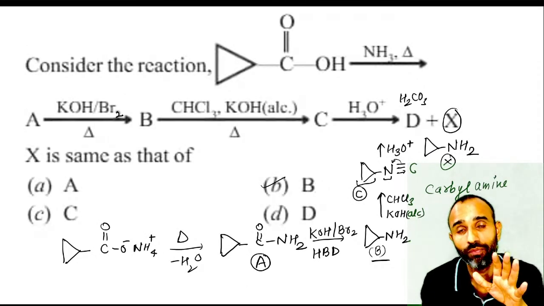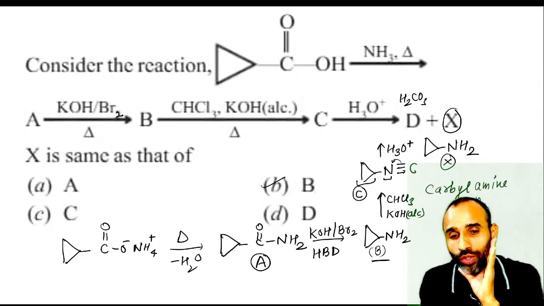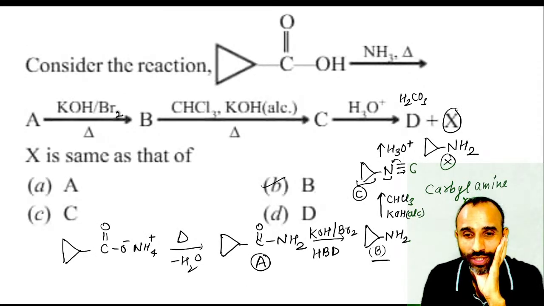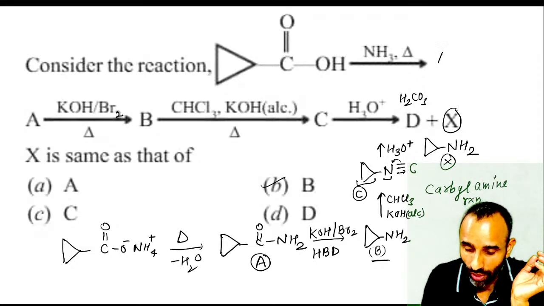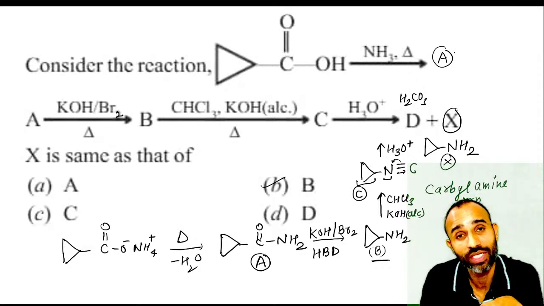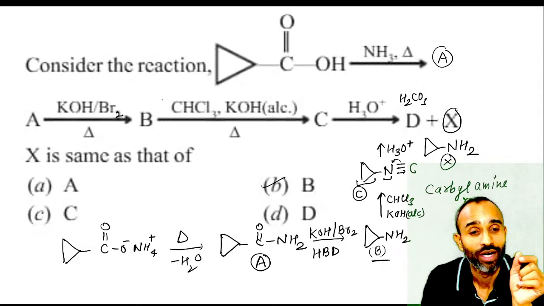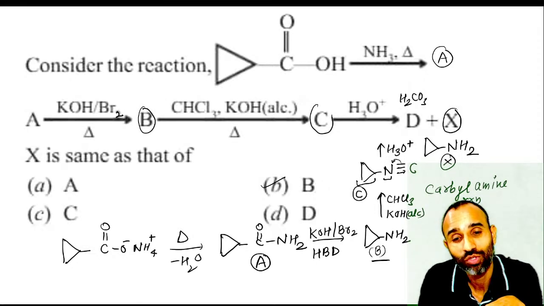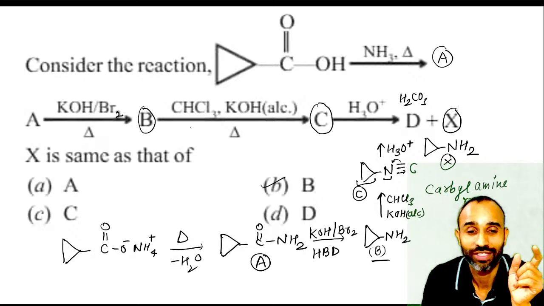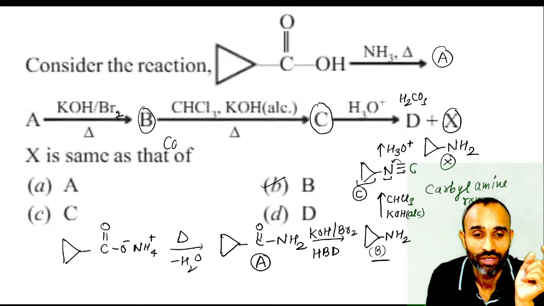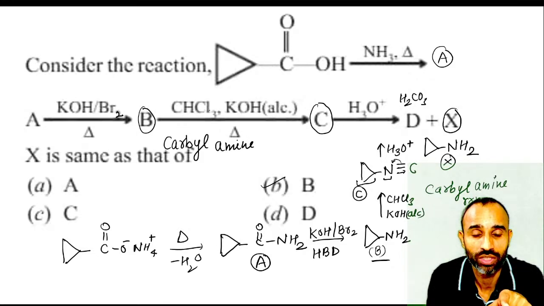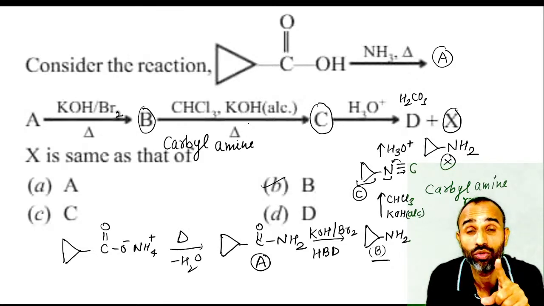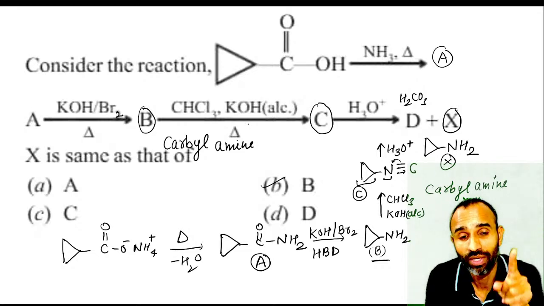See, let us say you don't know the last step. Up to A, it is very much from the NCERT. Up to B, again from NCERT. Up to C, again this is the carbylamine reaction from NCERT. CHCl3 and KOH are used in Reimer-Tiemann reaction even.